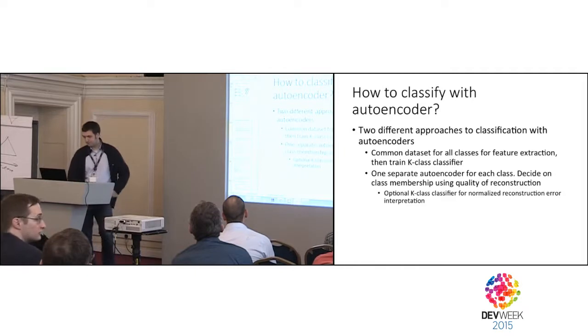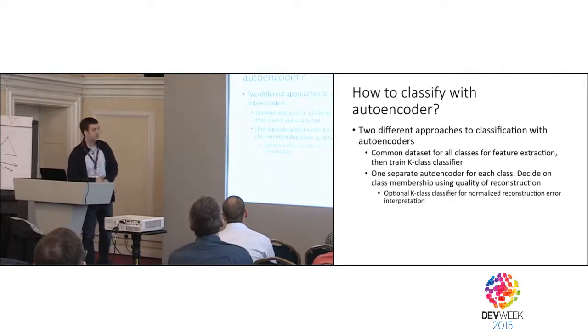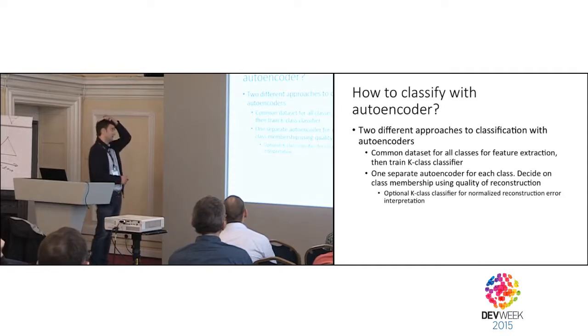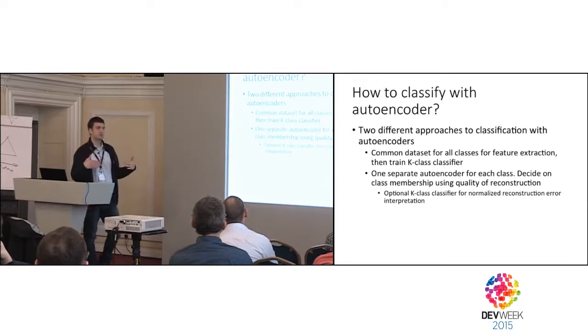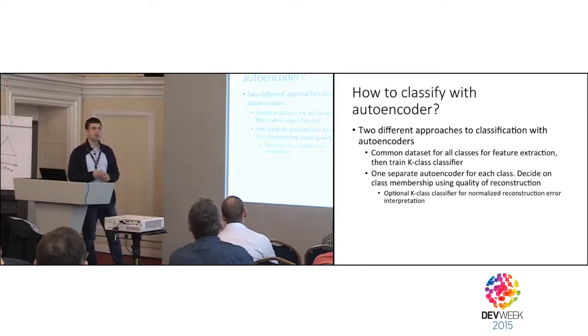Now let's make a resume. We saw 2 different approaches to how to classify with autoencoders. The major difference is that when you make a stacking autoencoder, you feed examples of all classes into it, so that it will find the features that are suitable for any class.